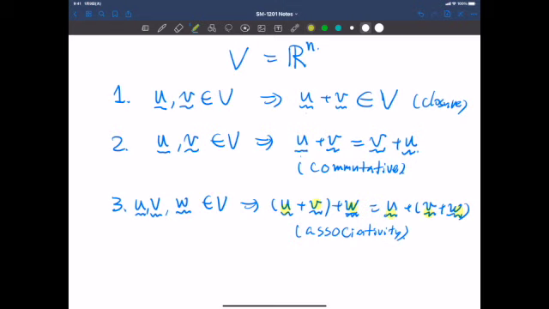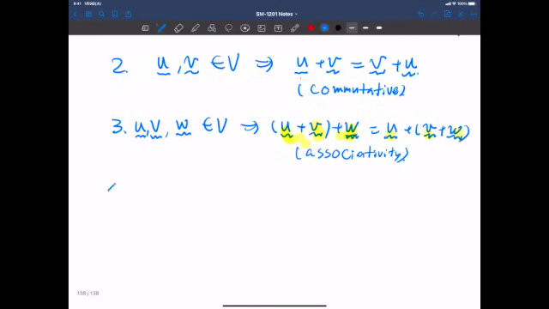We didn't define addition between three vectors, so any additions involving more than two vectors must be done one by one. If we add u and v, that gives one vector, and to that vector we can add another vector. So we're always dealing with two vectors when we add vectors. That's associativity.